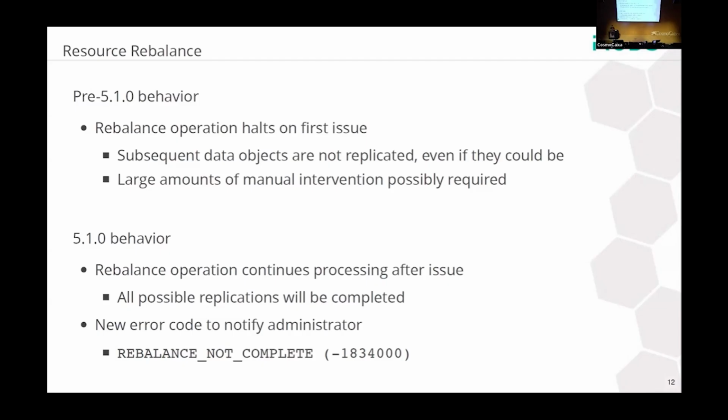All right. So for the resource rebalance operation, again, this is talking about 5.1.0, but before we get into that, let's talk about the pre-5.1 behavior. Previously, the rebalance operation, when you executed it, halted on the first issue encountered during that operation.